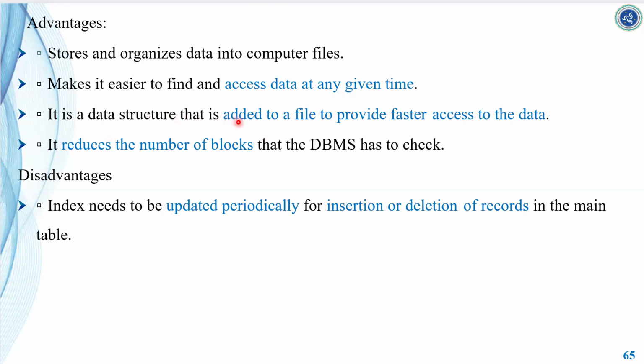It is a data structure added to a file to give faster access to the data, and it reduces the number of blocks that a database management system has to check when you give a query.